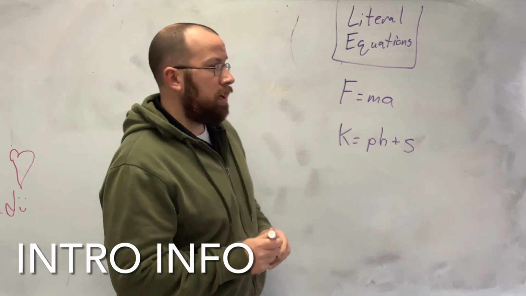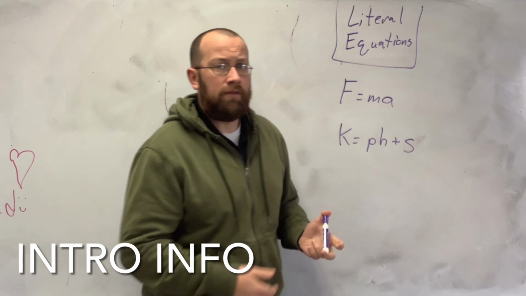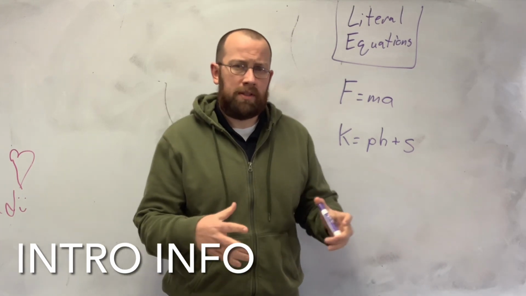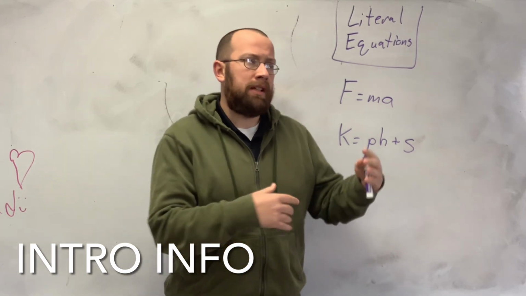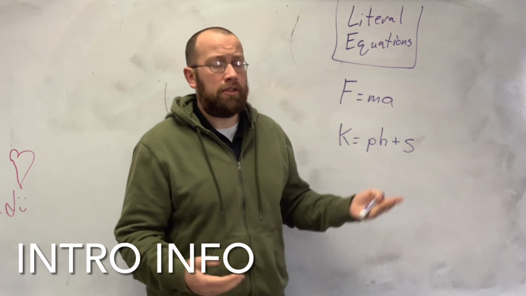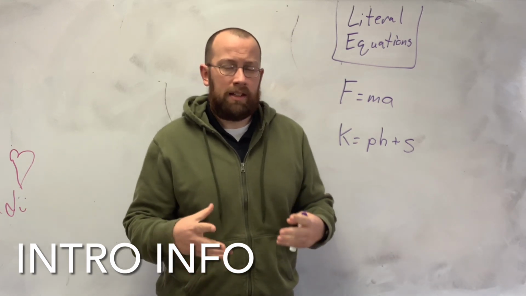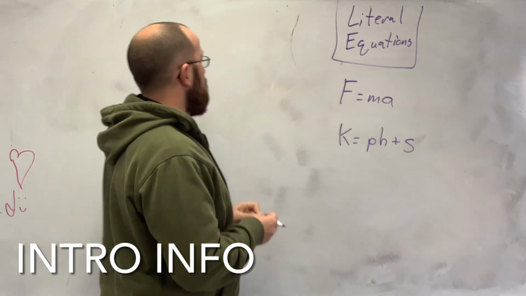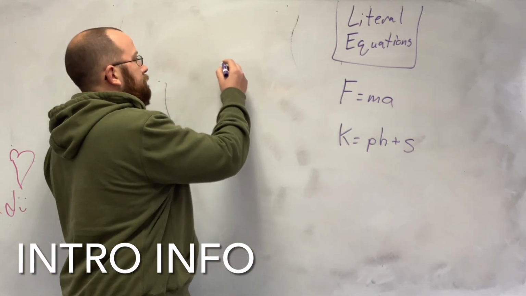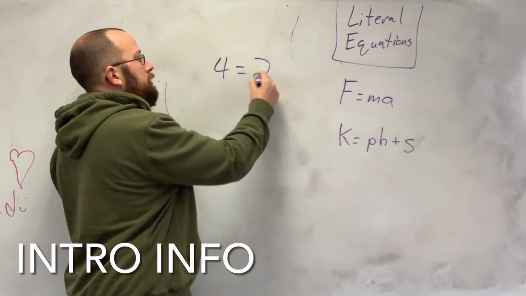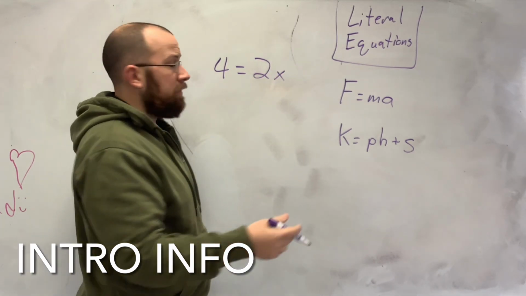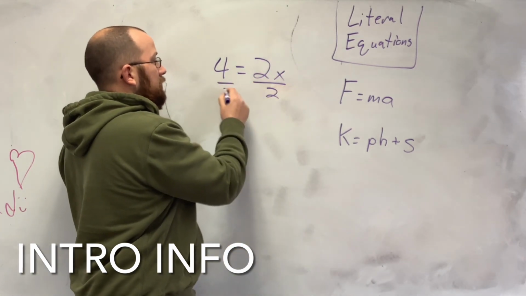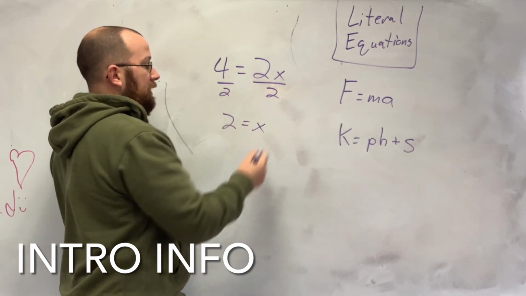I'm going to start off slowly, and this can get very confusing because you're used to using numbers. With numbers, you move it, you combine them. Here you don't really combine, you're just moving it and leaving it in that form. So if I had 4 equals 2x, if I solve that, I get 2 equals x.